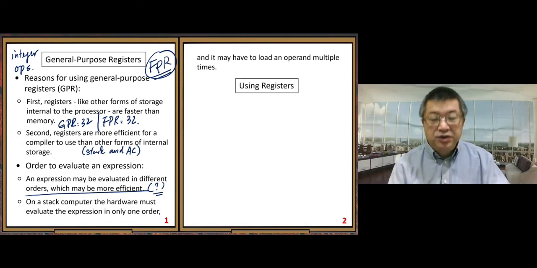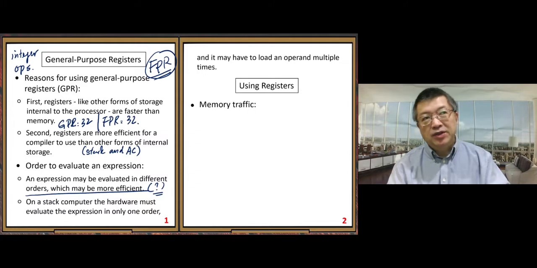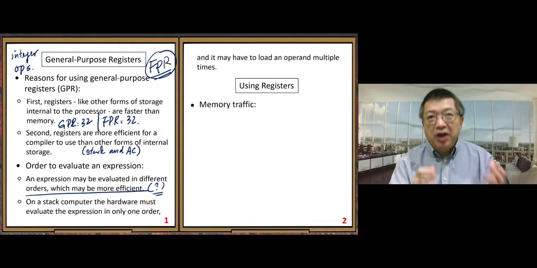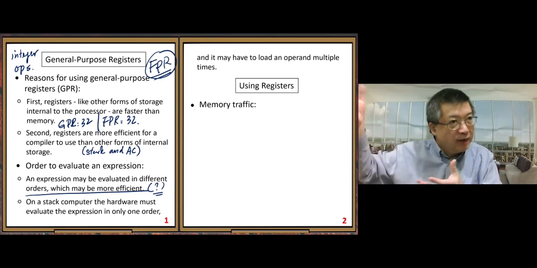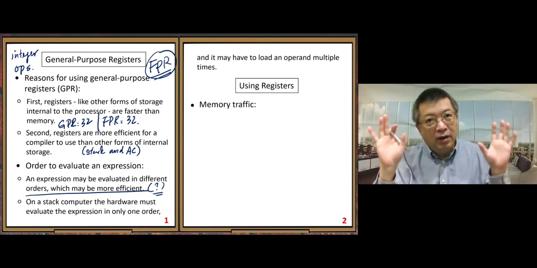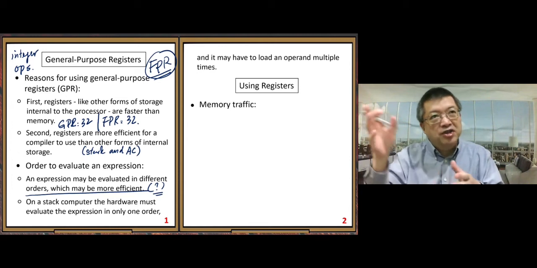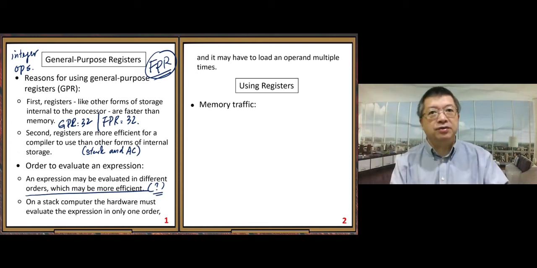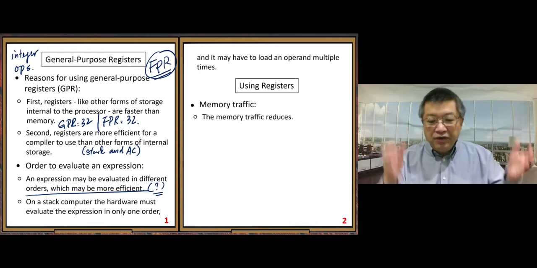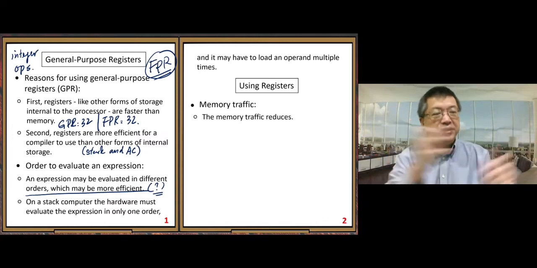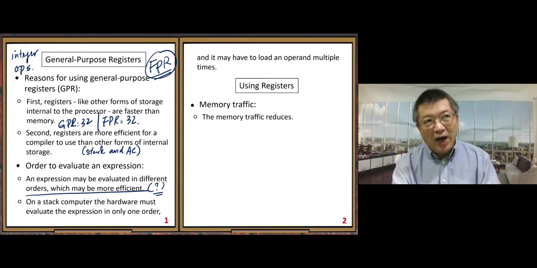Next, using registers. First, let's look at the memory traffic. I mentioned a little bit, more memory trips. So that's the memory traffic issue. Using registers, the memory traffic reduces. Why?